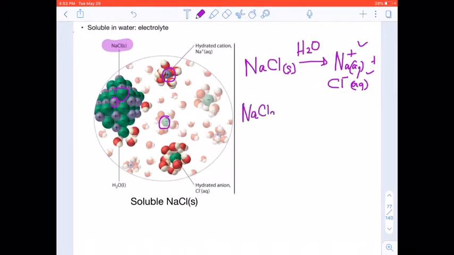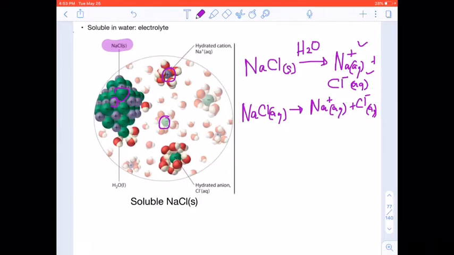We can also write it like this: NaCl aqueous. Then I don't write the water there, and that implies that it's in a water solution. It forms ions in solution, so it's an electrolyte.